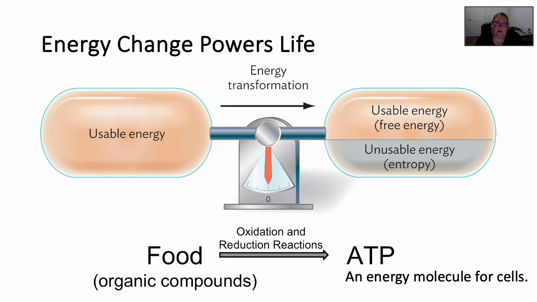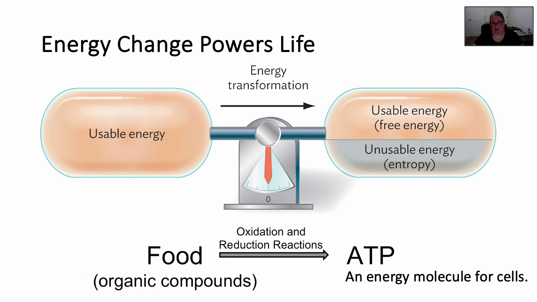So all the reactants in the system are going to have what is called usable energy. Now, if you remember, in chemicals, where do we store the energy? Well, energy is stored in the bonds of the molecule. Okay, so when we break the bonds of the reactants, we release a bunch of energy that can be used. And all that energy is usable energy.